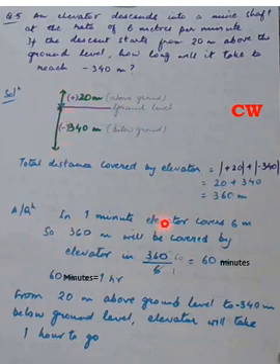Now in 1 minute the elevator covers 6 meters. So 360 meters will be covered in 360 by 6, that is 60 minutes, and we know 60 minutes is equal to 1 hour. So from 20 meters above ground level to minus 340 meters below ground level, the elevator will take 1 hour to go.